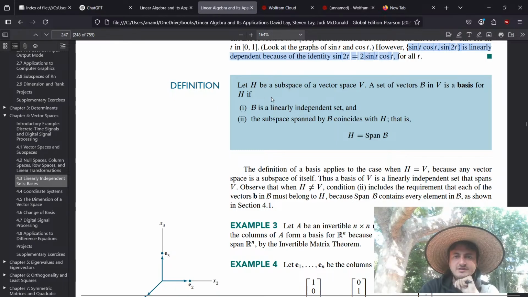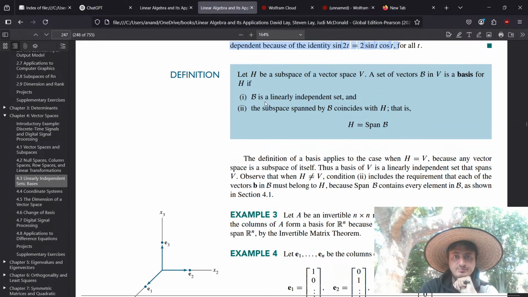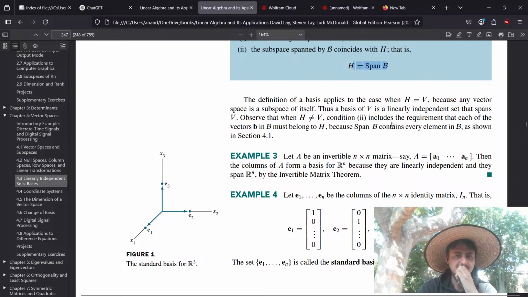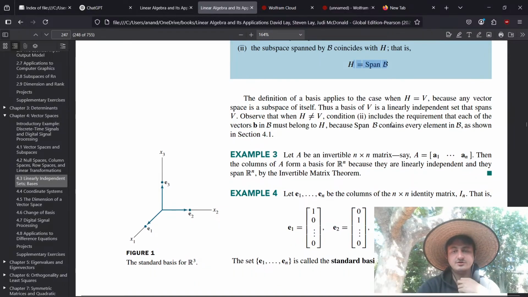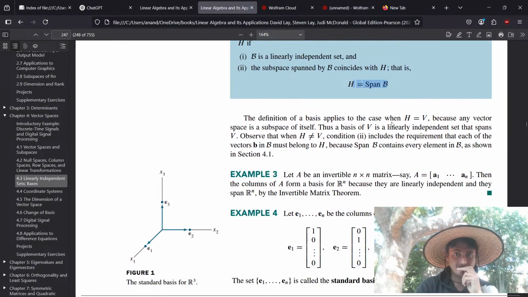Definition: let H be a subspace of a vector space V. A set of vectors B in V is a basis for H if B is a linearly independent set and the subspace spanned by B coincides with H. That is, H is equal to the span of B. Okay, all this stuff is just saying the same definitions that we already had.